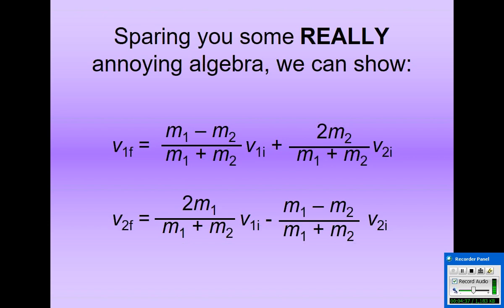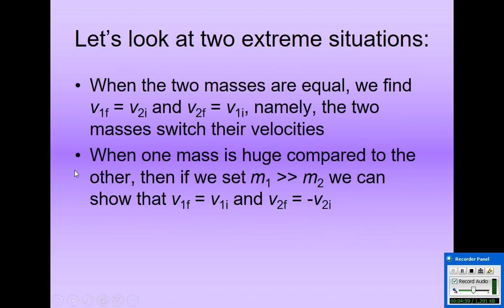And in the second equation, you see 2m1 over (m1 plus m2) times v1 initial. Those parallels are there because it doesn't matter which object you call object 1 and which object you call object 2. It's just once you pick them, you've got to stick with them.